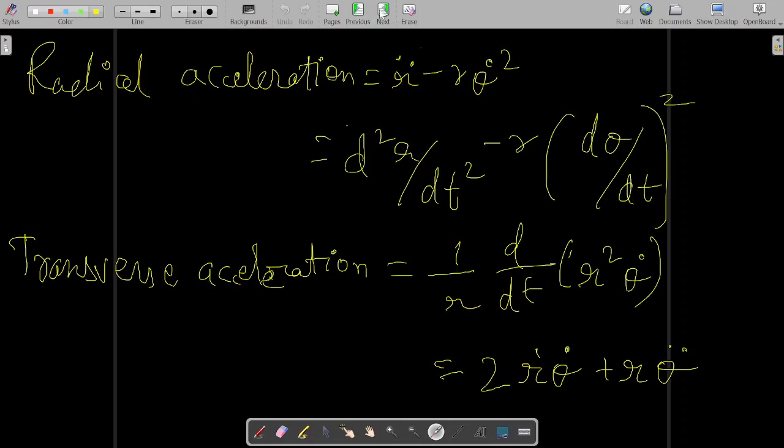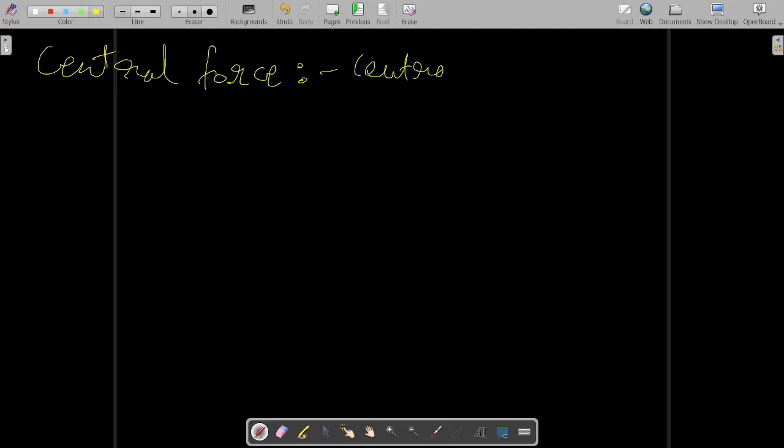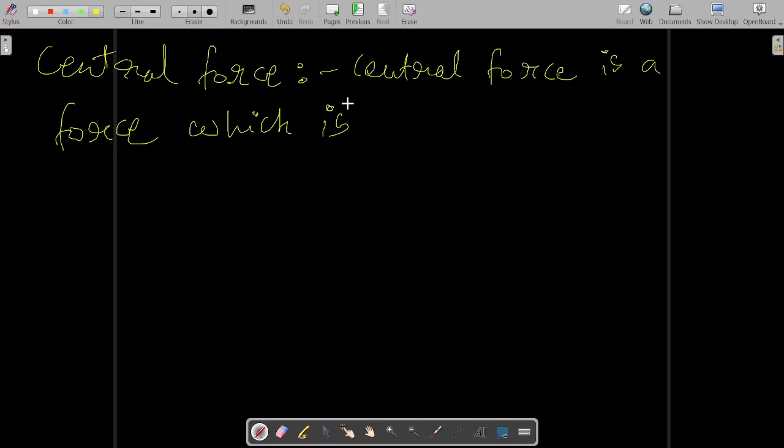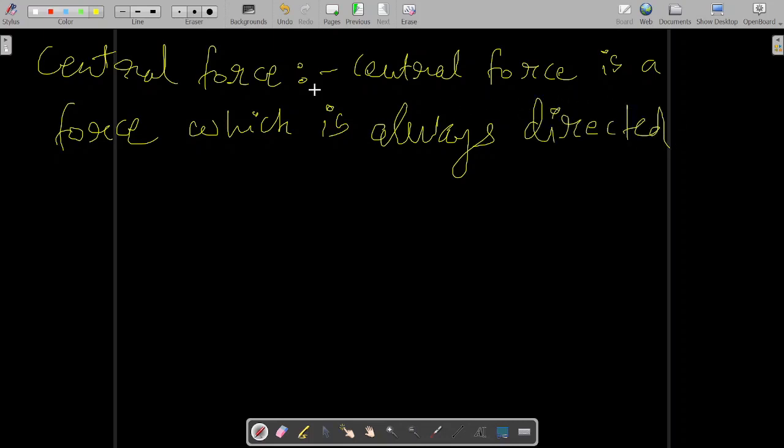Now we will define central force. Central force is a force which is always directed towards a fixed point.